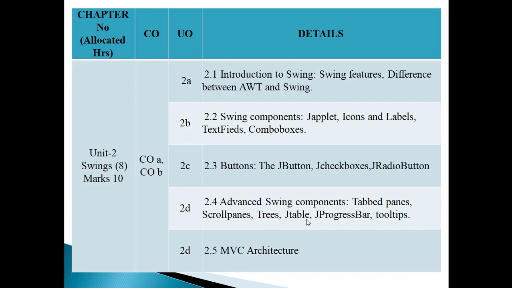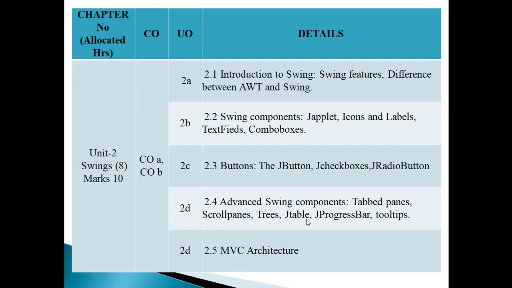Next is the JTable. To design a table in Java, we use the JTable class. JProgressBar, when we are performing some task, copy, paste, like this, at that time the progress of that task is displayed, and to design that type of concept, the progress bar control is there.